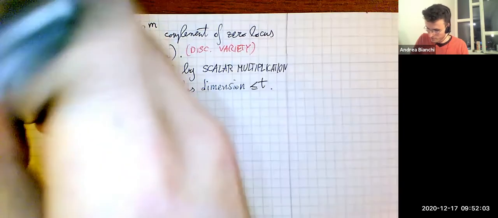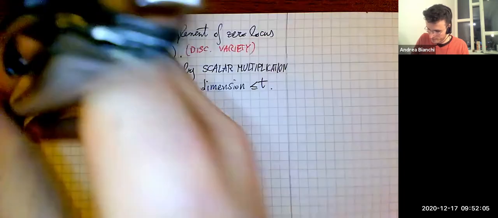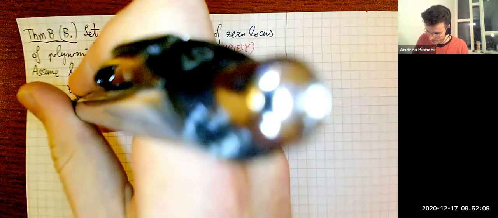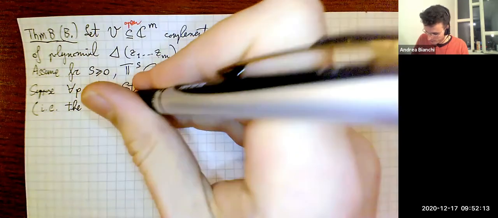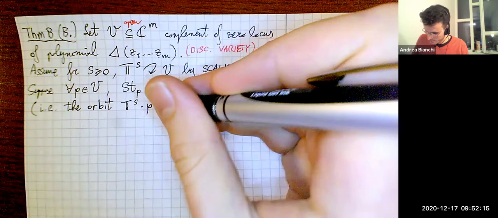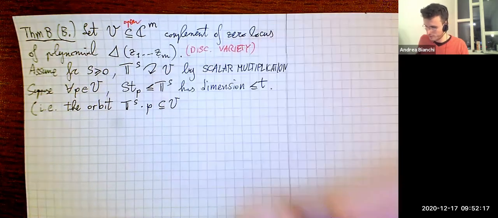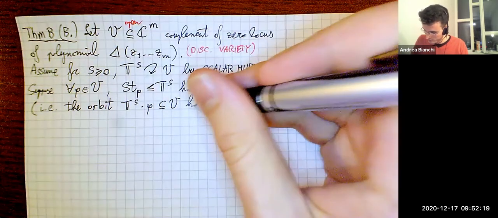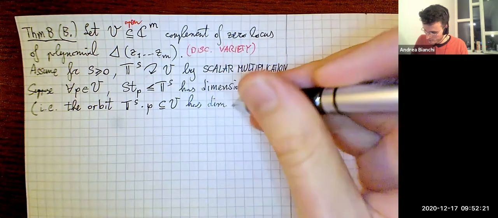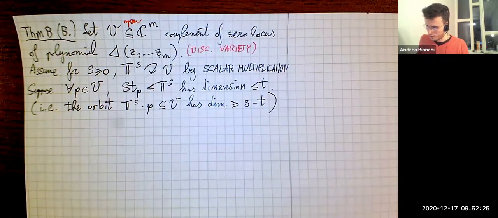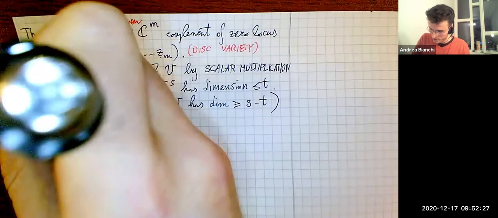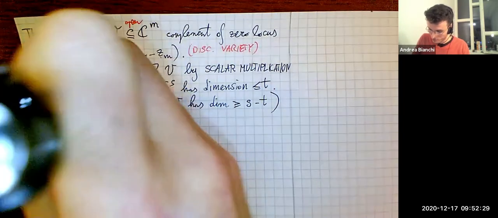Then, this condition really means what? The orbit Ts times p, which is contained in V, has dimension at least s minus t. What is the condition? Sorry, the conclusion.